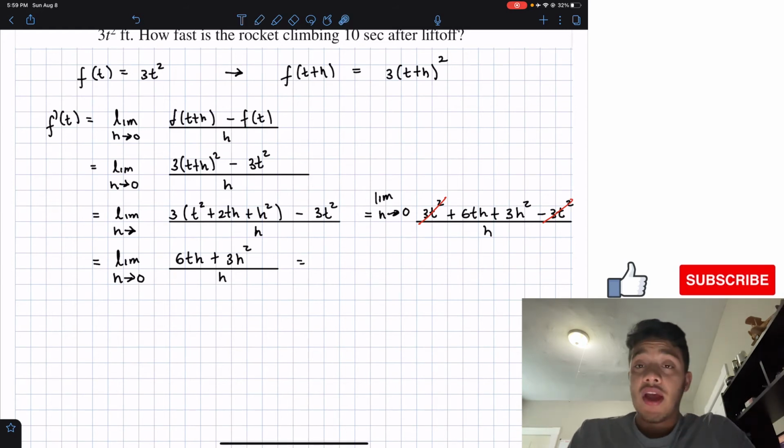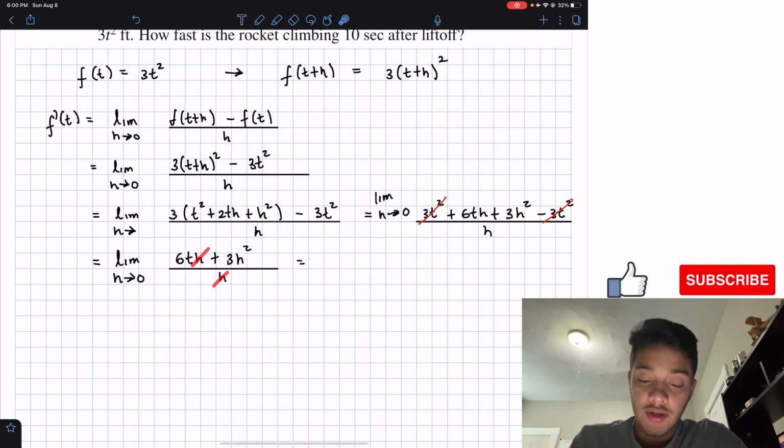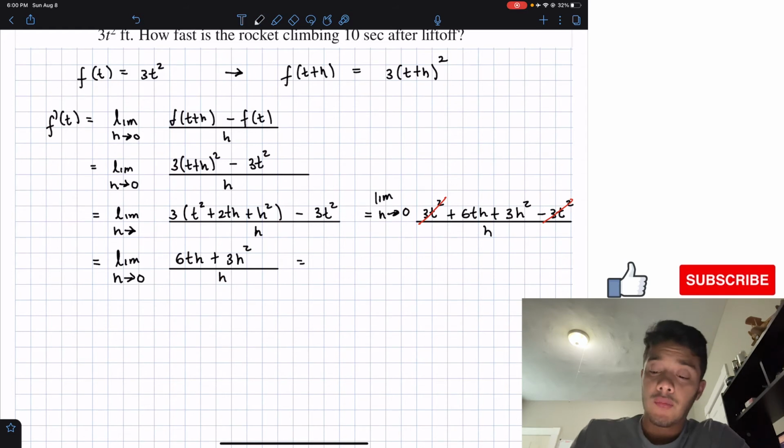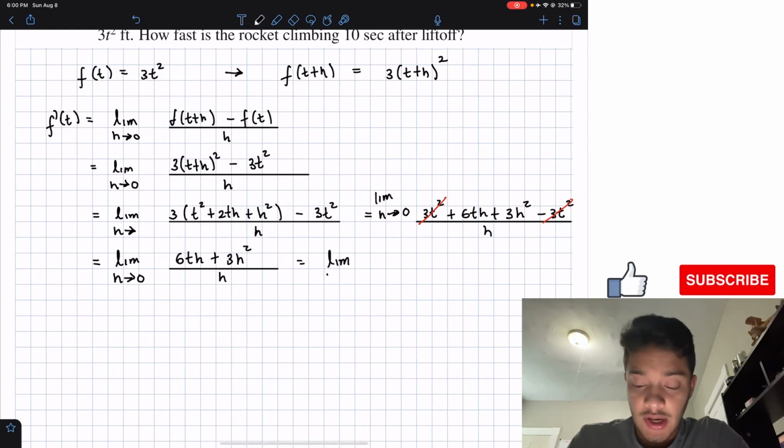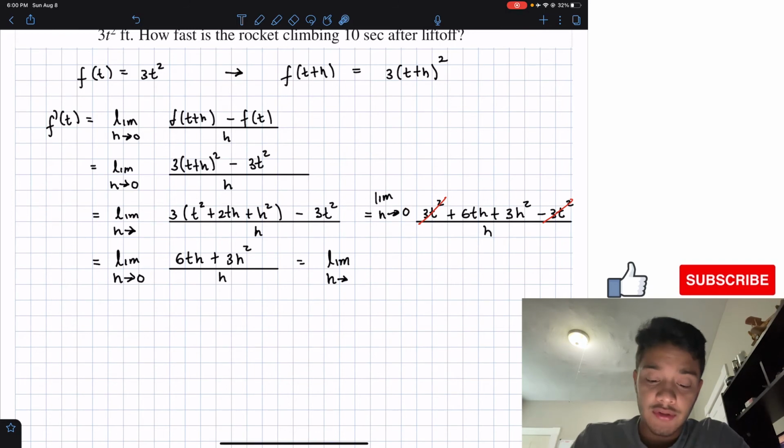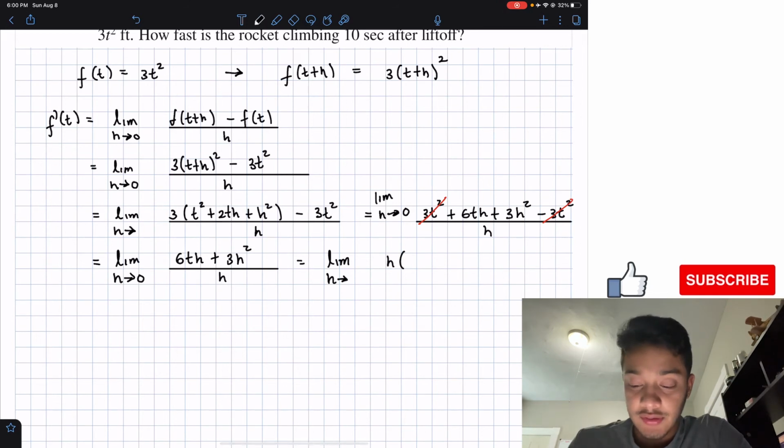If we realize, all our terms in the bottom and also, the most important, our numerator, involve h. So we can cancel those h out. We can cancel 1 in here, 1 in here, and 1 in here, and this is just going to be left as 1. Or what I like to do is visualize it and factor out a common factor of h in the numerator. So we'll have a common factor of 6t plus 3h all divided by h.